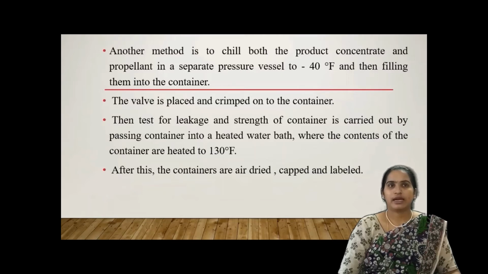Then these filled containers are tested for leakage and strength of container by passing the container into a heated water bath where the contents of the container are heated to 130°F. After this, the containers are air-tight, capped and labeled.